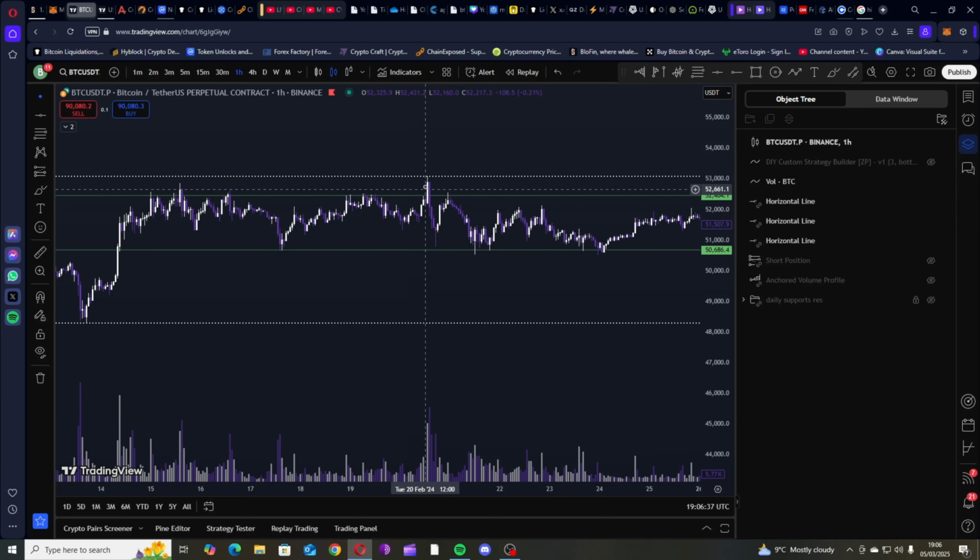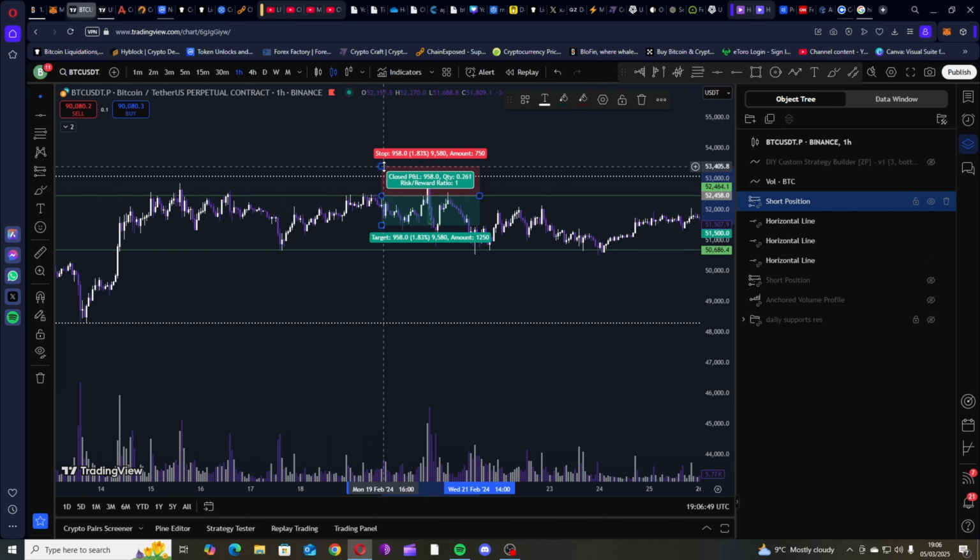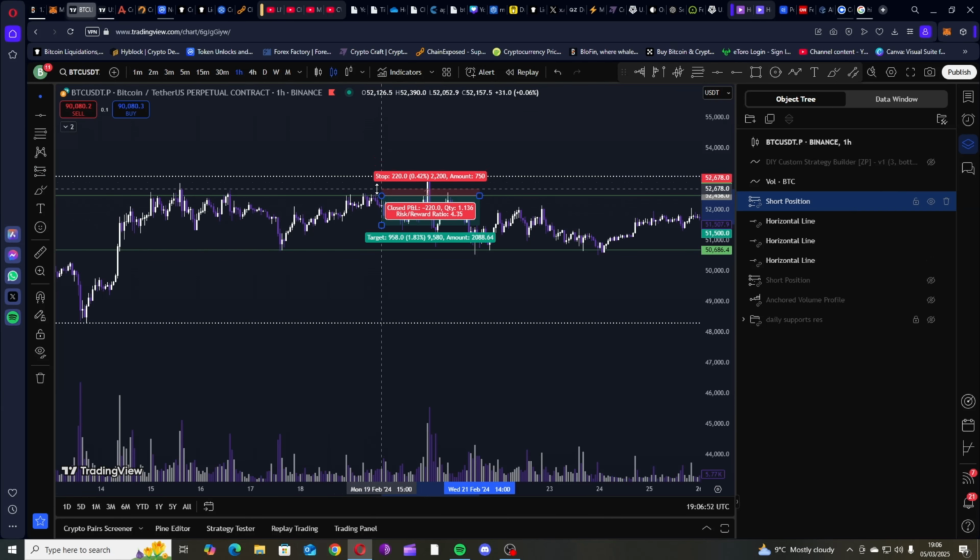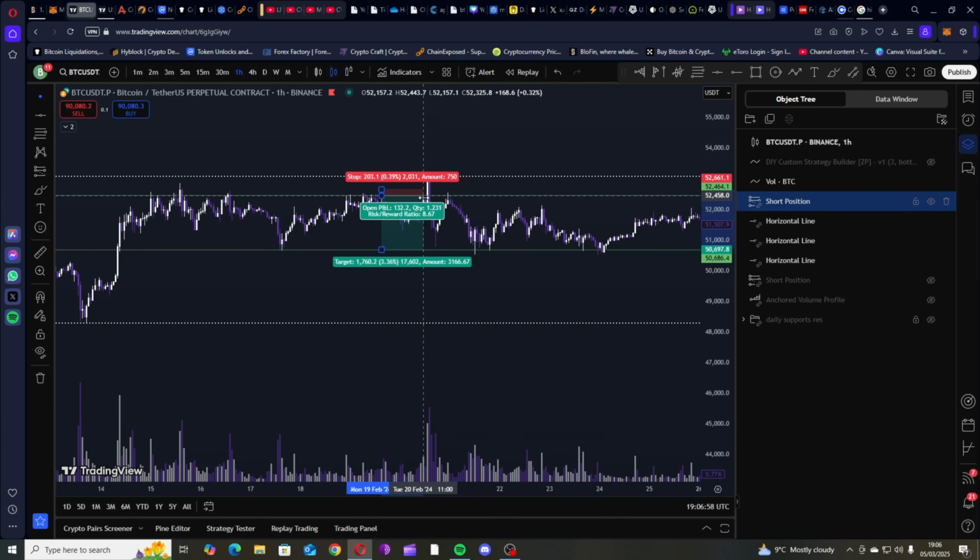Same again here. We've got another area. It's come back down, tested. When it came up into here and you took that short, your invalidation is above this wick here, and you want to target that zone at the bottom, which is a great risk to reward, by the way.